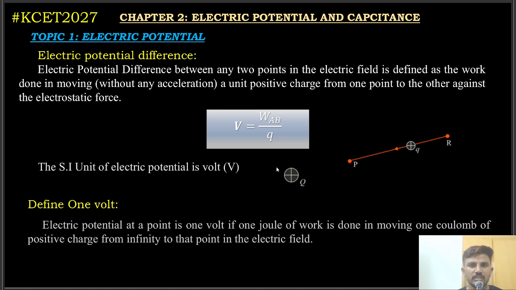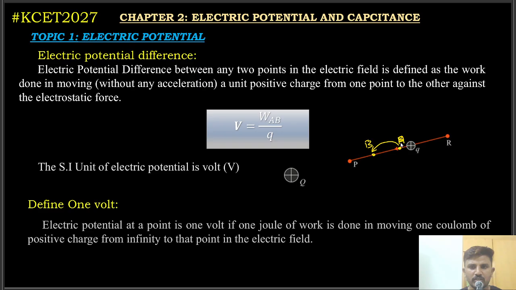So instead of considering from infinity to a given point, what if we move the charge from point A to point B? The amount of work done in moving a charge from point A to point B, or from point B to point A, whichever you want, you can take.